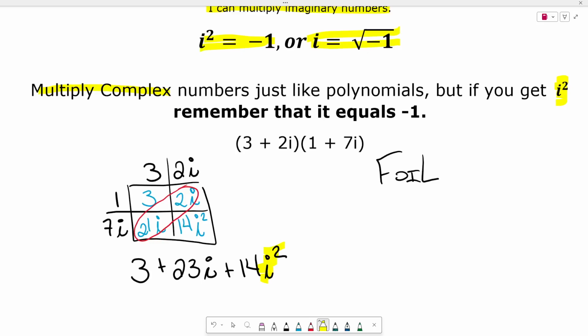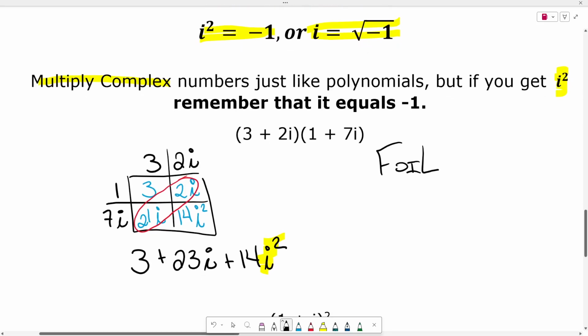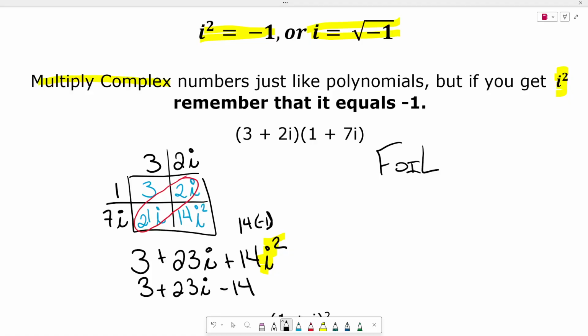We have to simplify it. So this is really 3 plus 23i. This is 14 times -1. So that'll be minus 14. And now I can collect the like terms, because -14 and the positive 3 are like terms now.